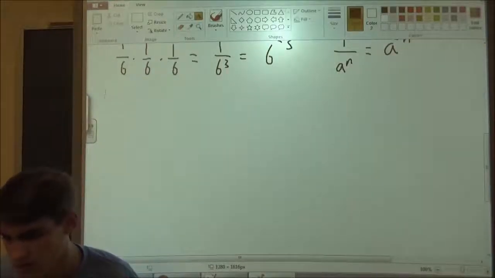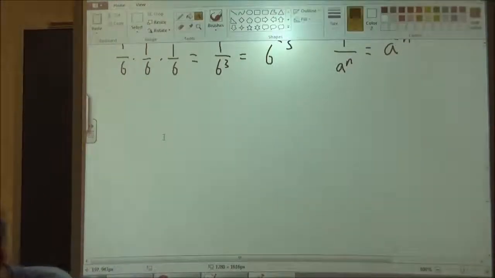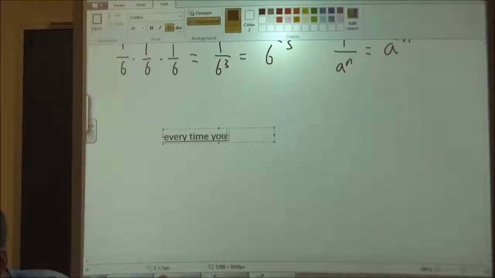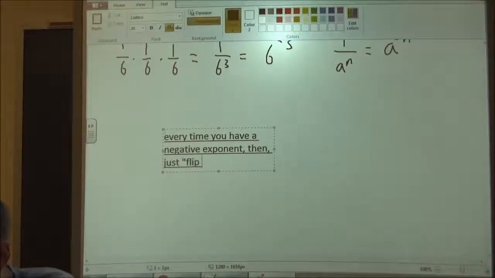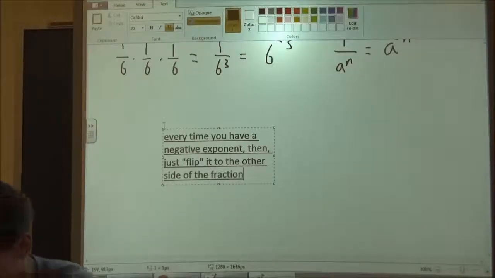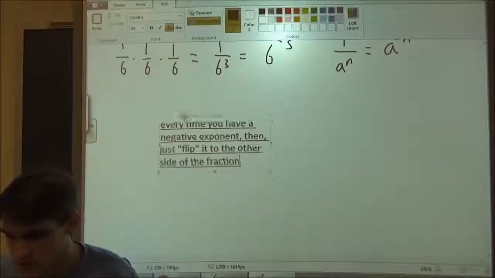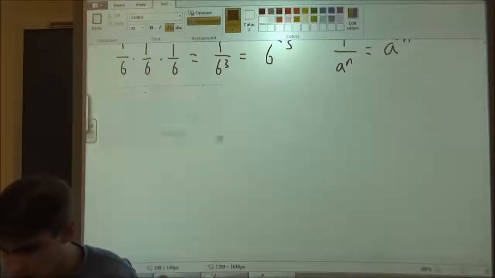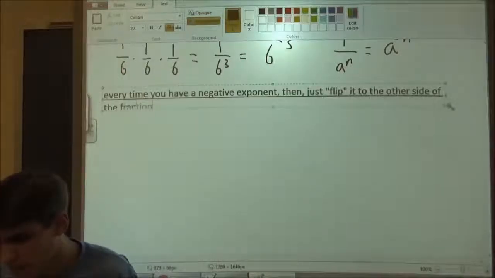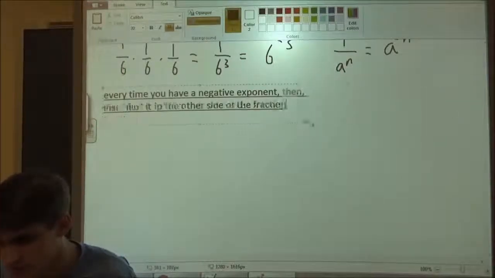So just to drive the point home, every time you have a negative exponent, just flip it to the other side of the fraction.